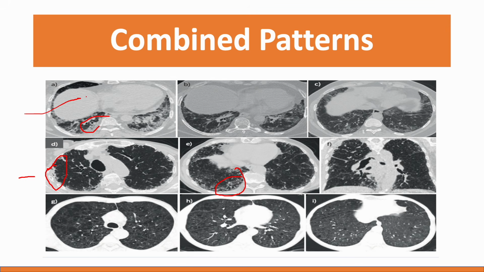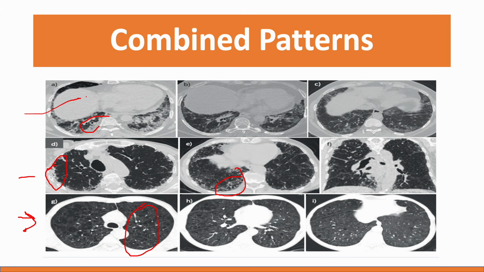And here you can see a pattern where you have HP or hypersensitivity pneumonitis, the BIP pattern, and along with it you have emphysema. So again you see extensive emphysema, and you also see thin walled cysts with centrilobular ground glassing.